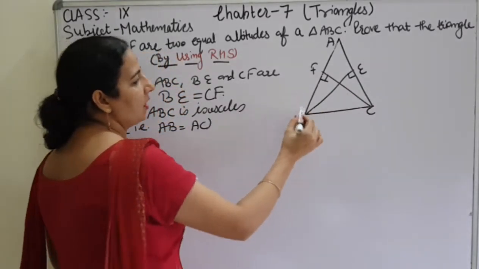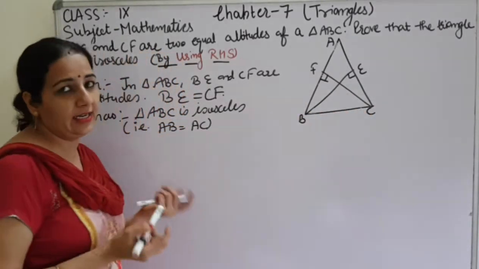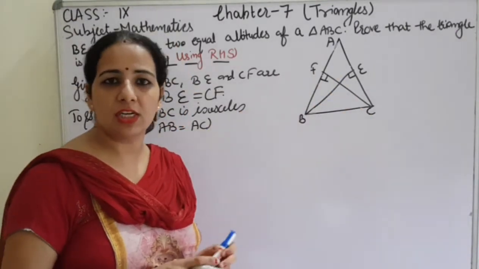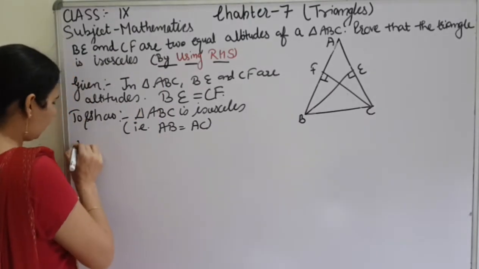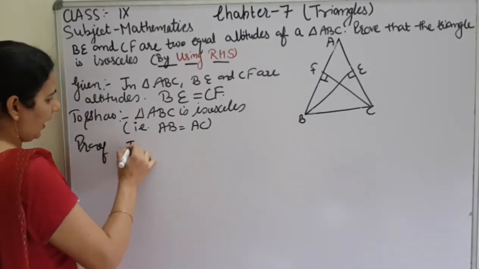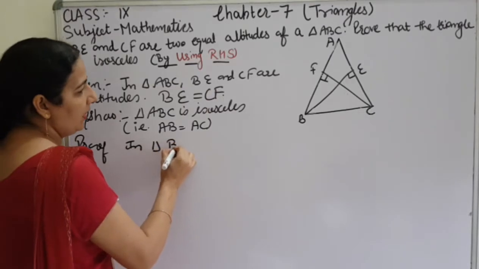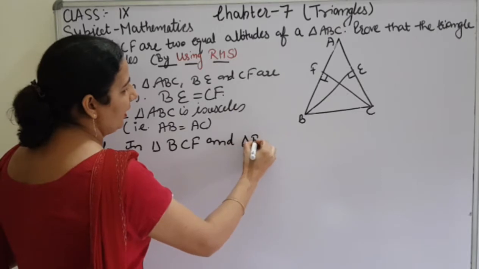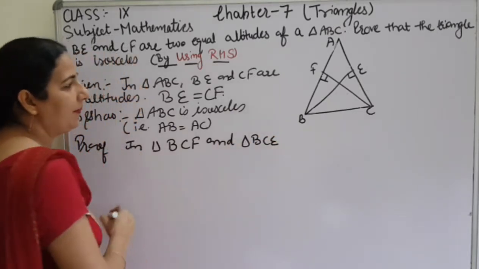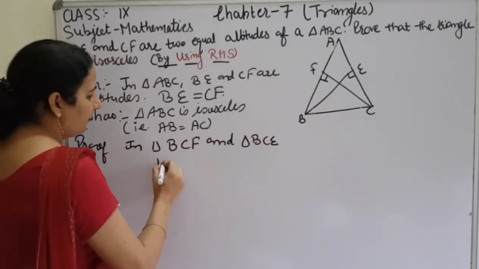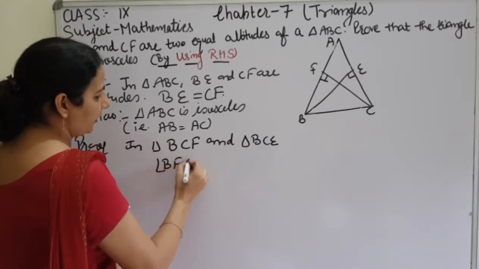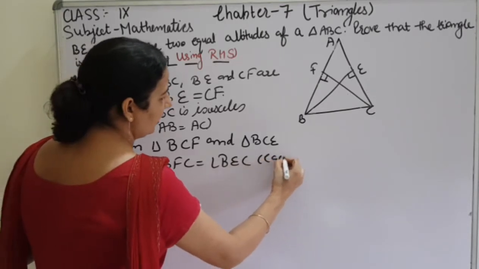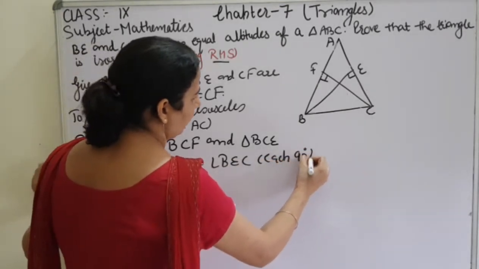Why is the hypotenuse equal? Because BC equals BC and it is common. And one more side, BE is equal to CF, because it is given. So how will we start the question? In triangle BCF and triangle BCE, angle BFC is equal to angle BEC, and the reason is each 90 degrees.